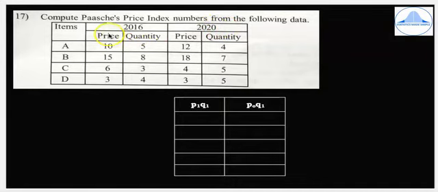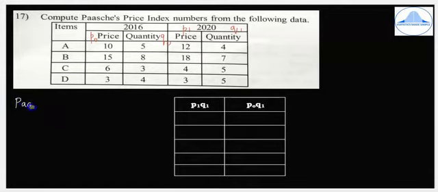Next, what we have to do is the price in the base year, this you have to mark as P0. The quantity in the base year is marked as Q0. The price in the current year is marked as P1 and the quantity in the current year is marked as Q1.